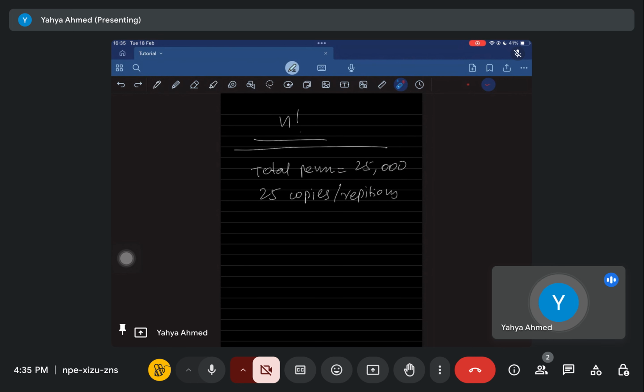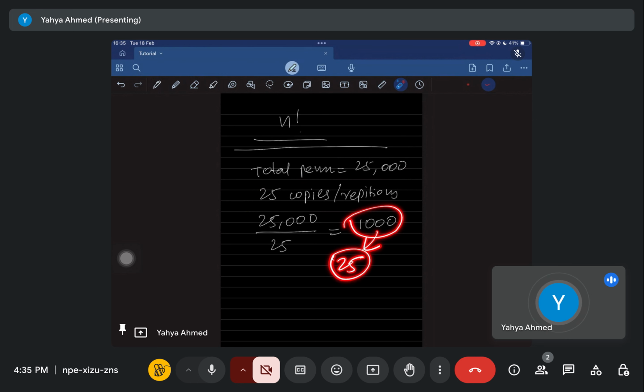I tell you that every permutation has 25 copies. If I ask you how many unique values there are, you would say, simply take 25,000, the total permutations. Every permutation has 25 copies, so this tells me there are exactly 1,000 unique permutations. That's why I have a total of 25,000 permutations, because every permutation has 25 repetitions. So this is fairly simple.